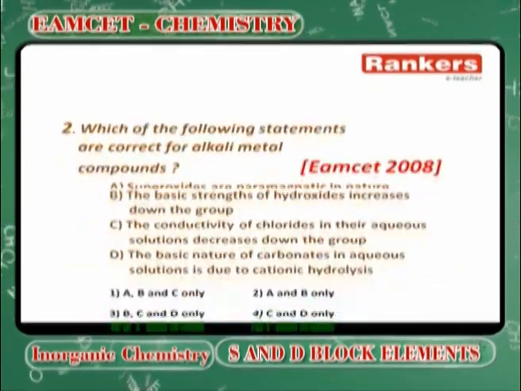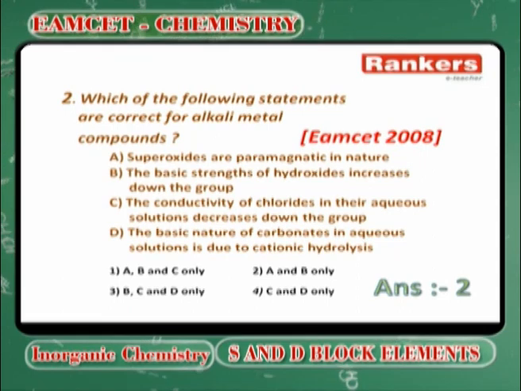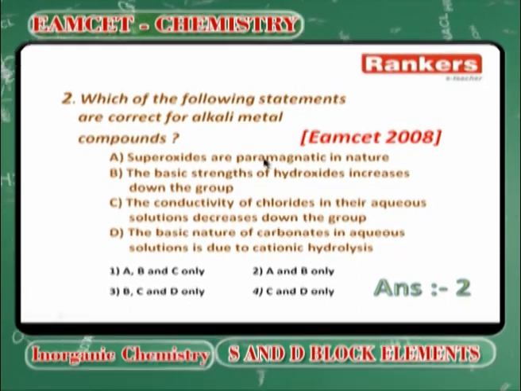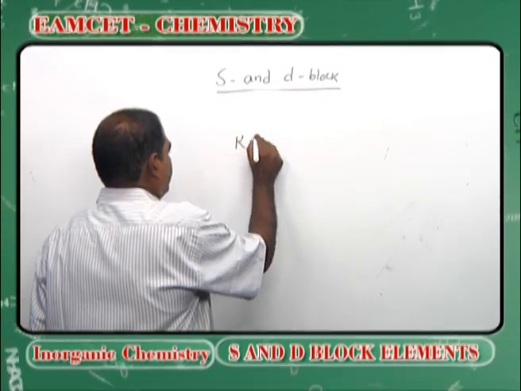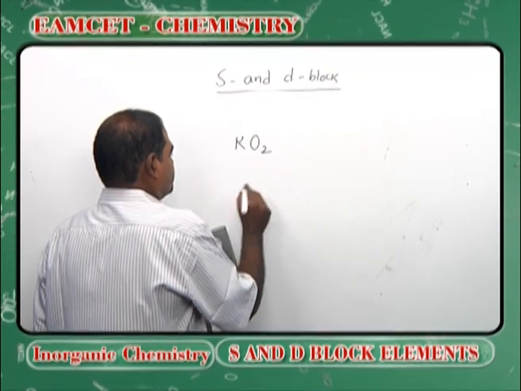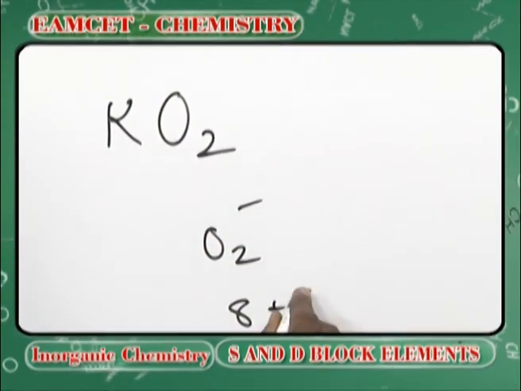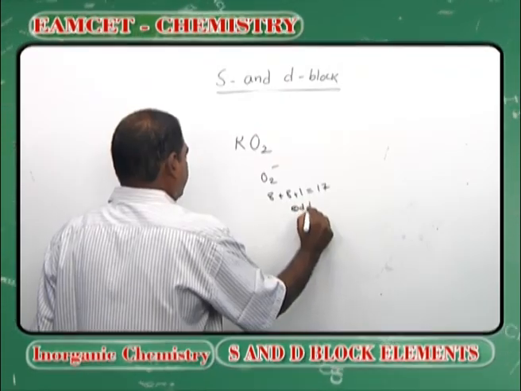Second question, which of the following statements are correct for alkali metal compounds? Superoxides are paramagnetic in nature. What is a superoxide? We discussed it long ago, KO2, potassium superoxide. So, O2 minus means 8 plus 8 plus 1, 17. Odd number, odd means para.